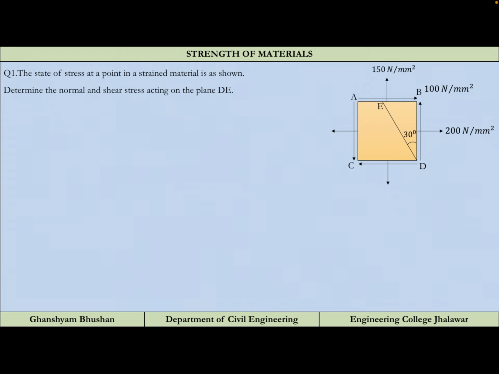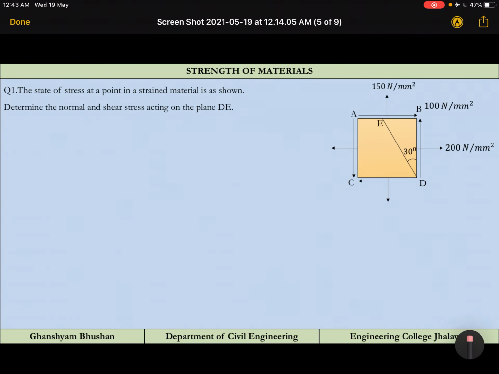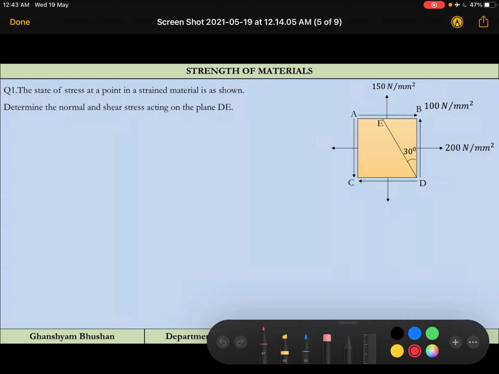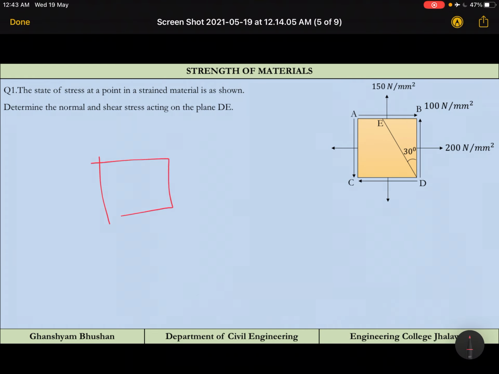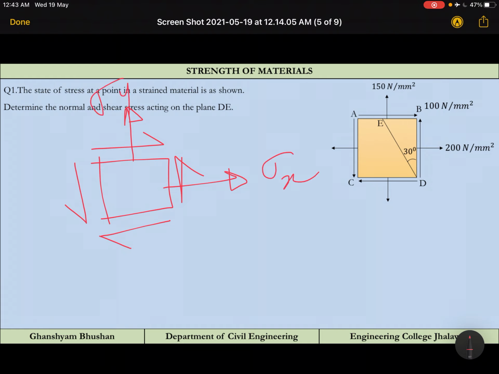Determine the normal stress and shear stress acting on the plane D. Every time your first step should be to compare whatever stress condition is given to you, you have to compare these stresses with what? Your initial stress state for which you have derived the equations.